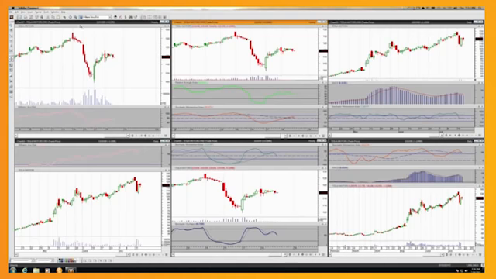Metastock is tremendously clean. I really like how clean these charts start. But let's start with a daily chart because many of us are swing traders here.